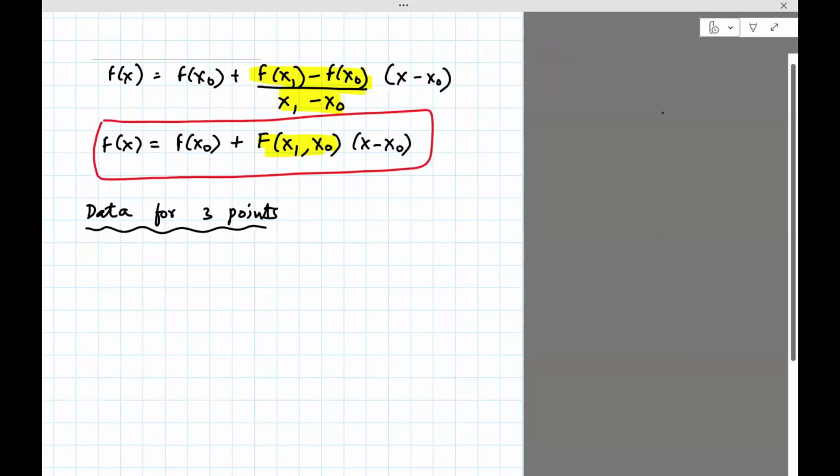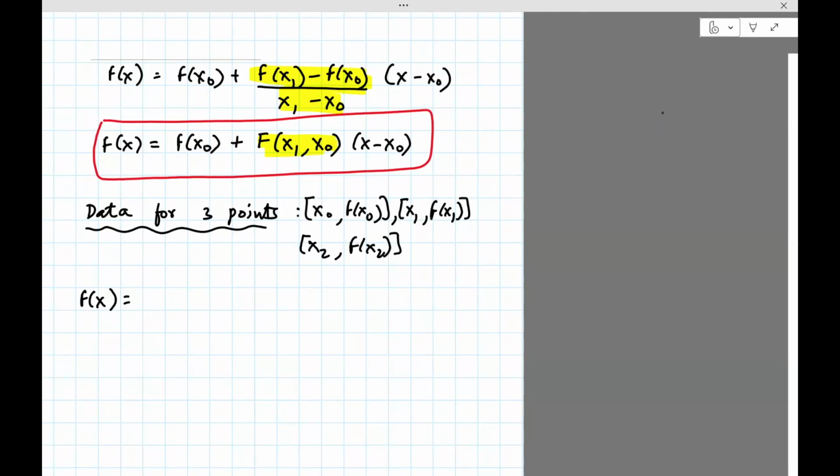What we're given here is the following data. 3 data points, and now we need to come up with an equation for f of x, and we know that if you want f of x to pass through 3 points, we should have 3 constants, which means it should be at least of order 2, because a quadratic equation has 3 constants.